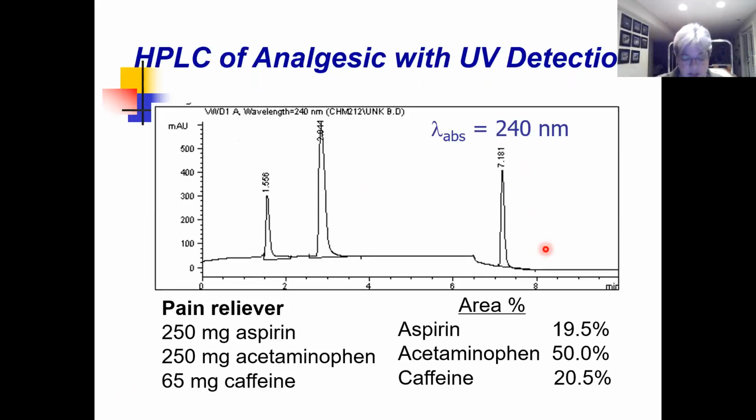All right, so here's an example of what your chromatogram might look like. So notice I have 3 things that I'm measuring. And notice we measured at 240 nanometers. Now, notice something interesting here. Notice that these 2 concentrations are the same, but their areas are not the same. Why not?